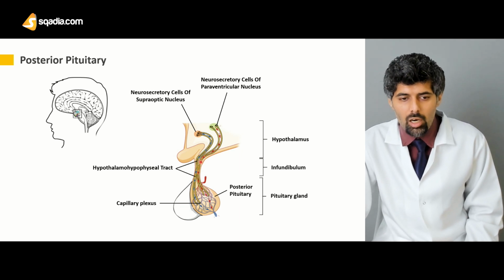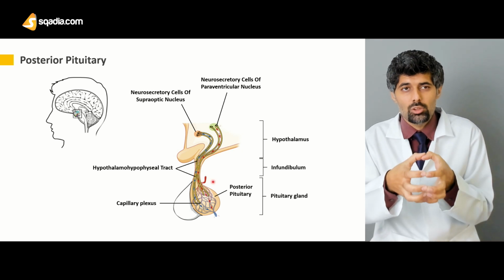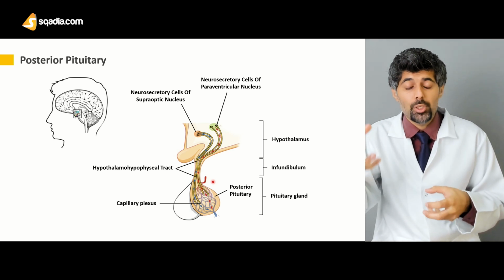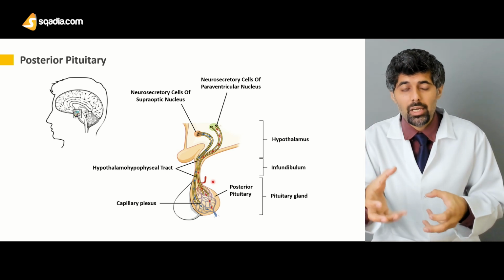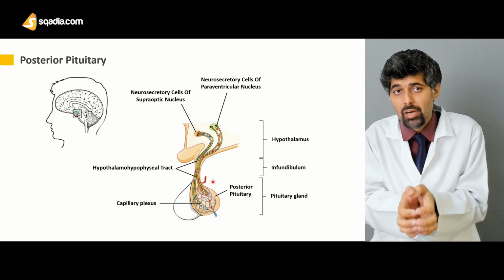Now, when they are traveling through the infundibulum, the collection of the axons transporting the hormones produced by these nuclei is what is known as the hypothalamo-hypophyseal tract.